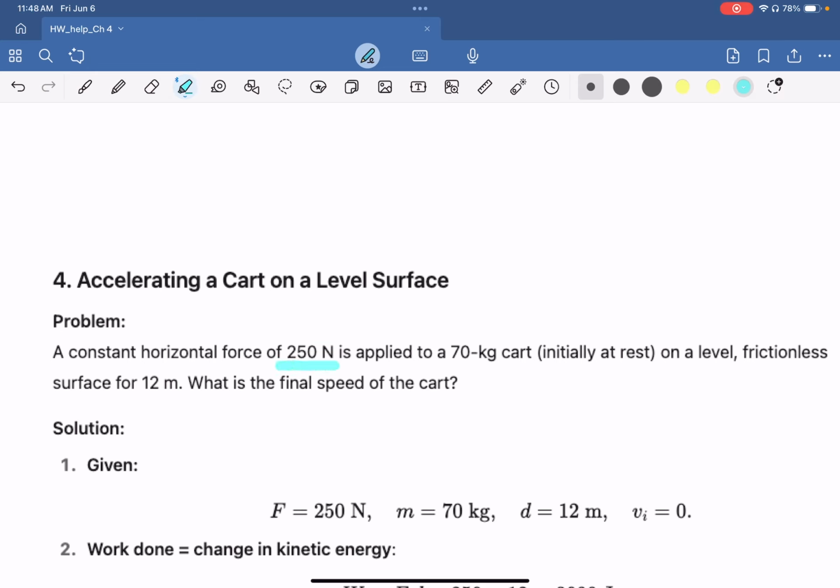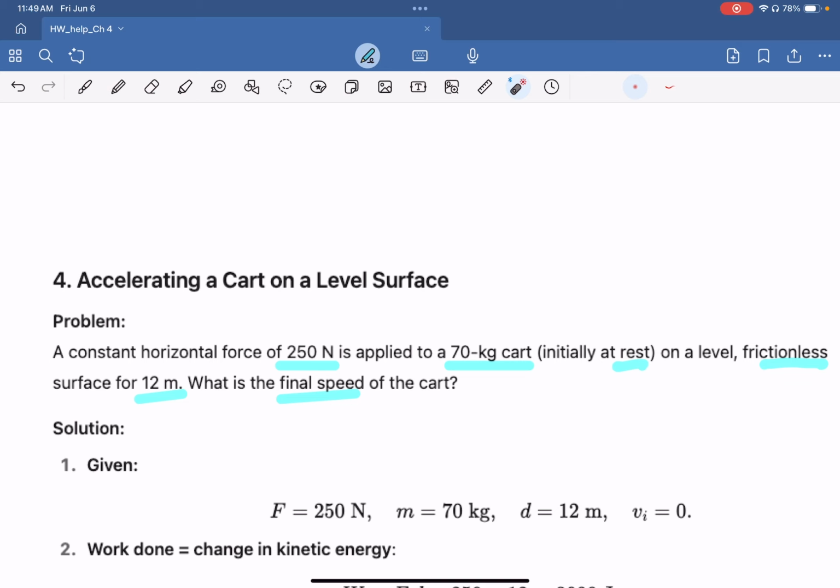The force is given, the mass of the cart is given, and it's initially at rest on a level frictionless surface for 12 meters. So there is no friction and the cart is moved 12 meters. What is the final speed of the cart? What's given is the force, the mass, the distance moved, and the initial velocity.